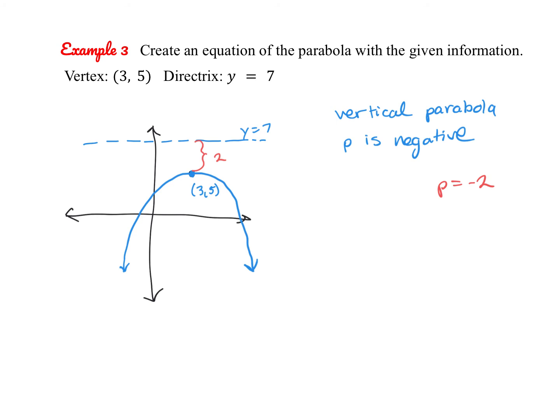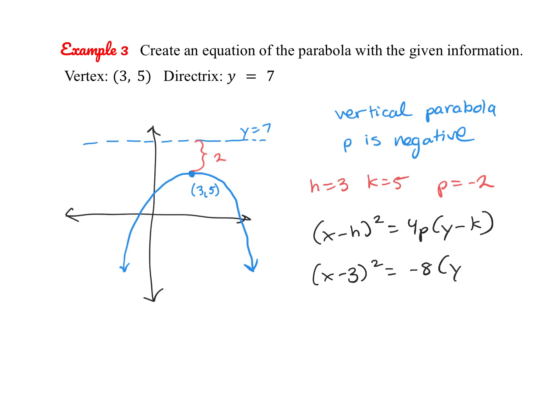And I know that h is 3 and k is 5. Since it is a vertical parabola, the standard form is x minus h squared equals 4p times y minus k. So now we just plug in the variables we know. So x minus 3 squared equals -8 times y minus 5. There you have it.